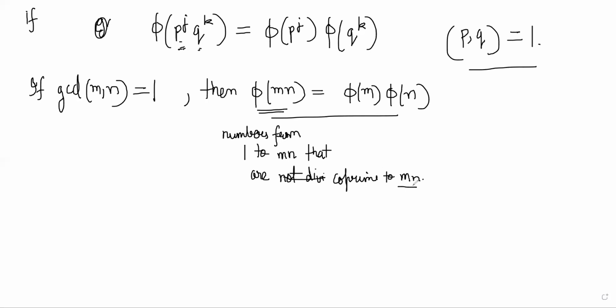We are suggesting that M and N are powers of primes, or M and N are any numbers.